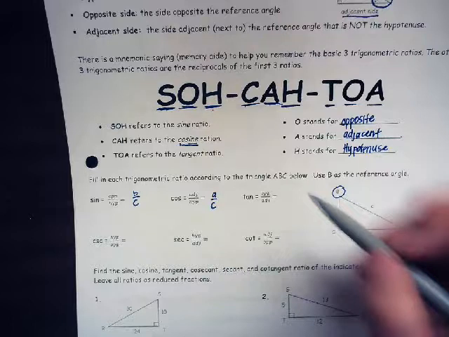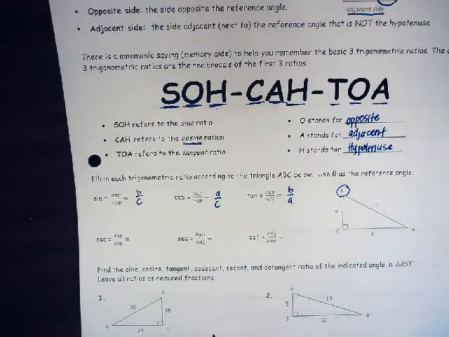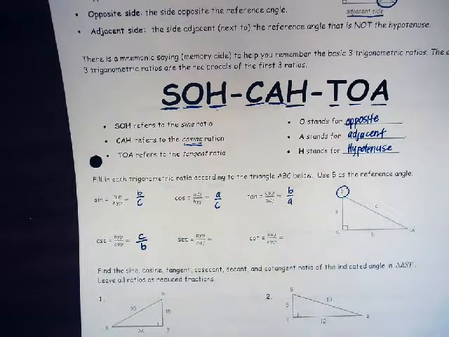Now these three down below here are just the reciprocal of the one above it. So this one we call the cosecant, and it is a reciprocal of the sine. We sometimes call it the inverse too, but I'm going to just rewrite it as the reciprocal here. So if sine is B over C, cosecant is C over B. Okay, secant is the reciprocal of the cosine, or the inverse relationship.